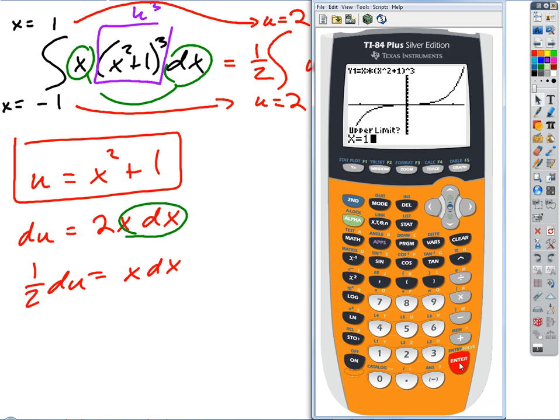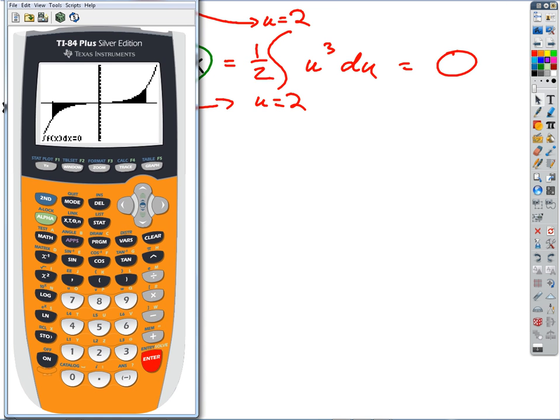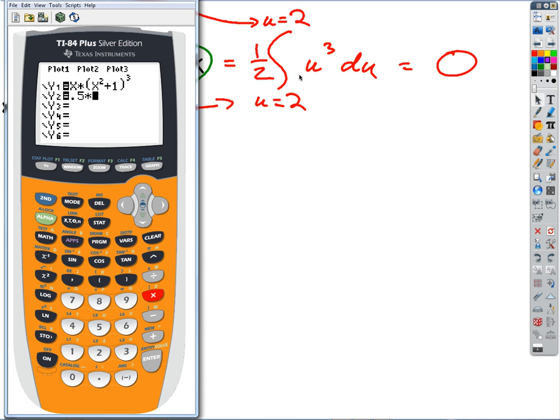Okay, now let's do something else. So we've got this graph. Now let's graph this red one. What if I did the function y equals, now we can't do a u on here, so we'll just call it x. We're going to look at the area. I've got 0.5 times, I could put that 1/2 right in there, couldn't I?